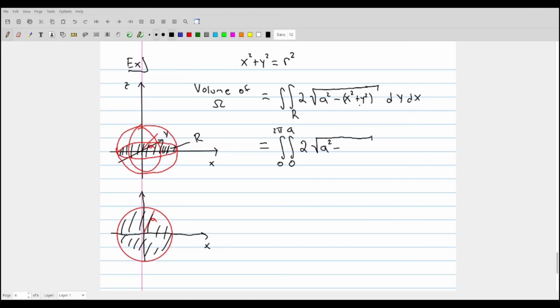It's just r squared, the radius squared. So it's a squared minus r squared. And this is multiplied by dy dx, or dA, which we know now in polar coordinates is r dr d theta.